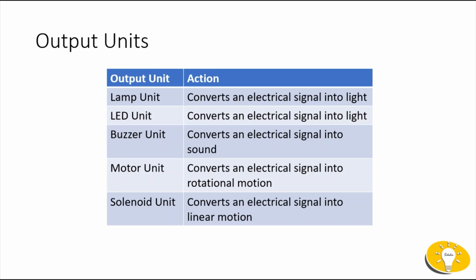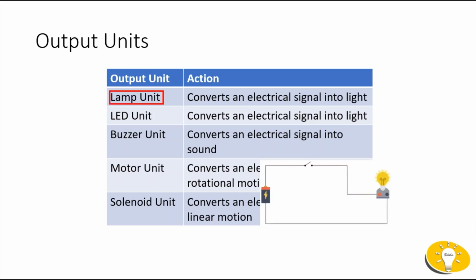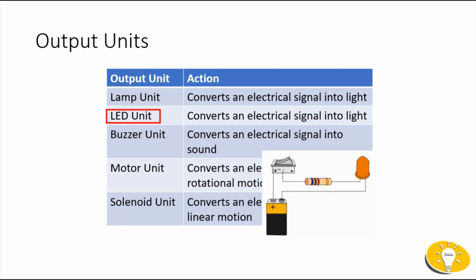Similar to the different types of input units, we have several output units, and their action or working is explained in this slide. Lamp unit is used to convert electrical signal into light. LED unit is similar to lamp unit.